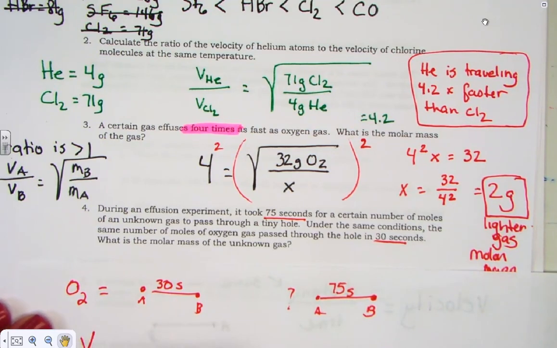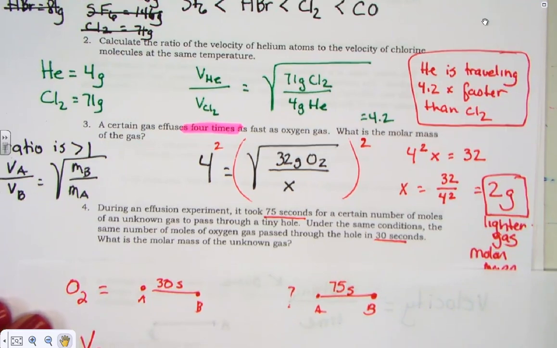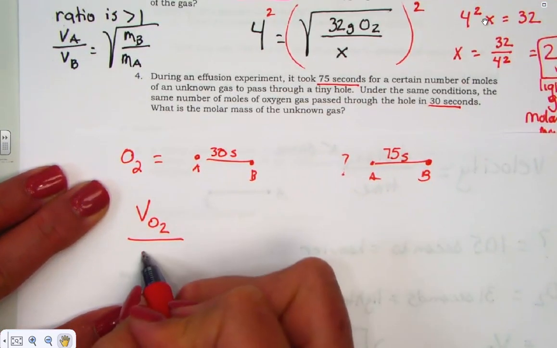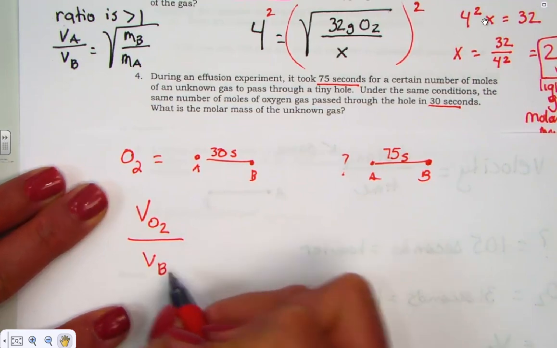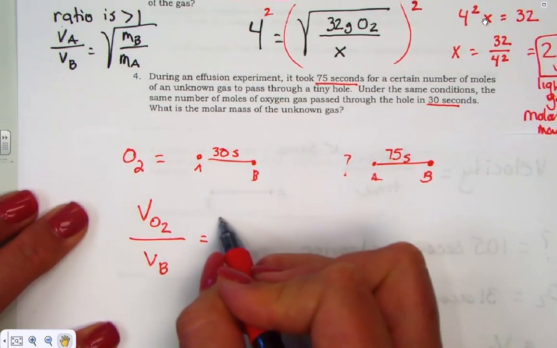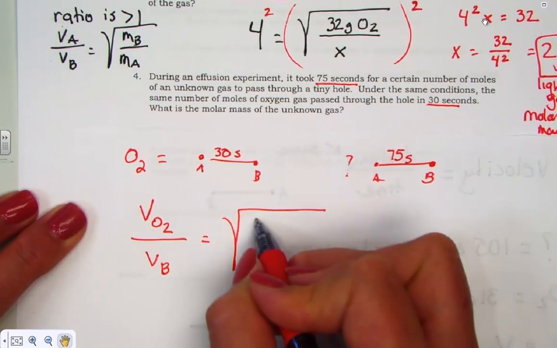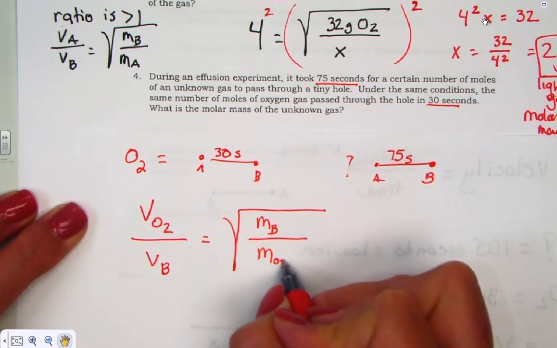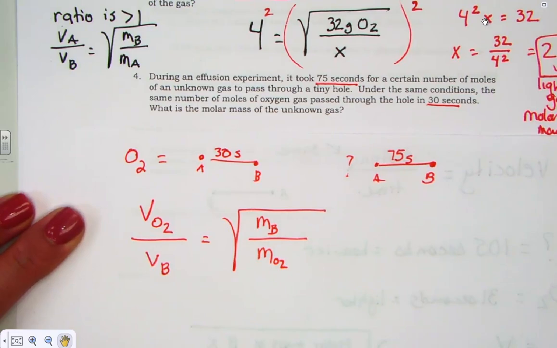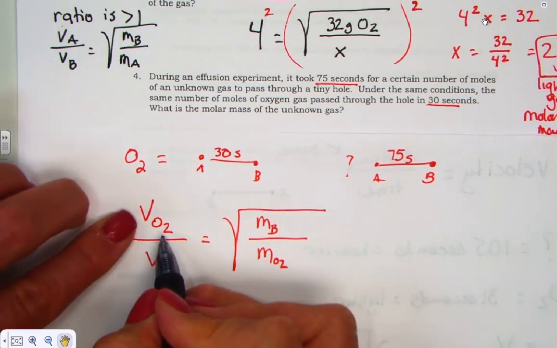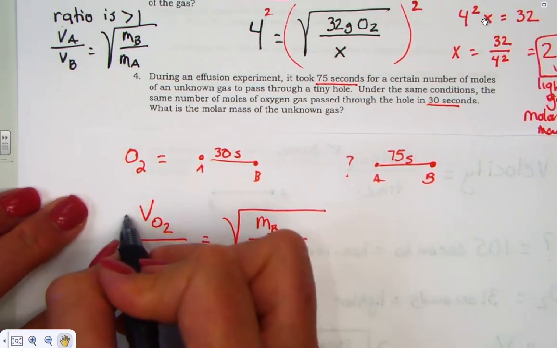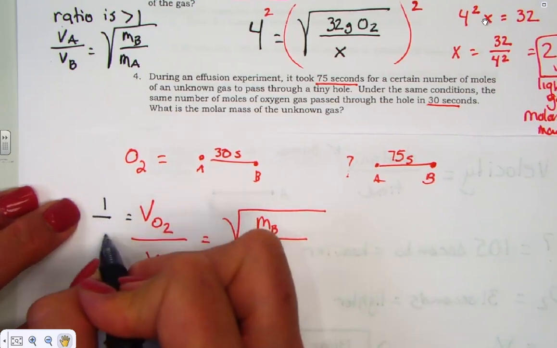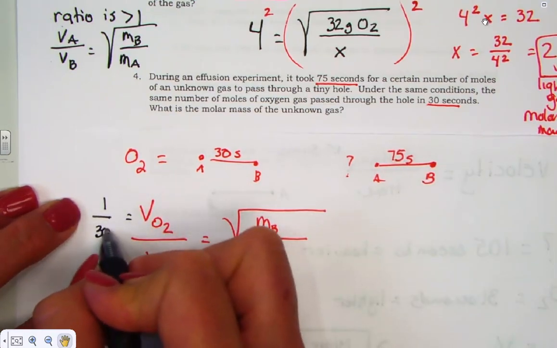So the ratio of velocity of the lighter gas to the heavier gas, I'll call the heavier gas B, it's an unknown, is equal to the square root of the molar mass of the heavier over lighter. Let's plug in what we know. The velocity of oxygen is going to be denoted as 1 over its time of 30 seconds.